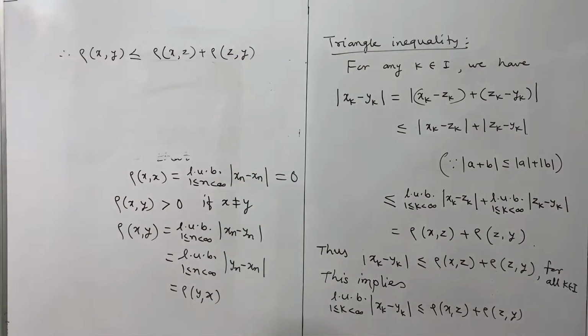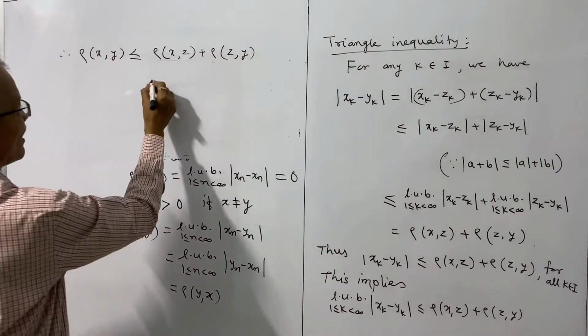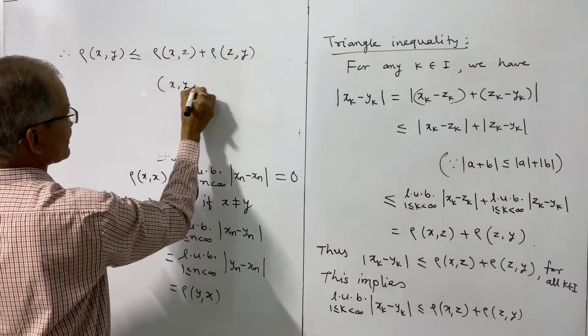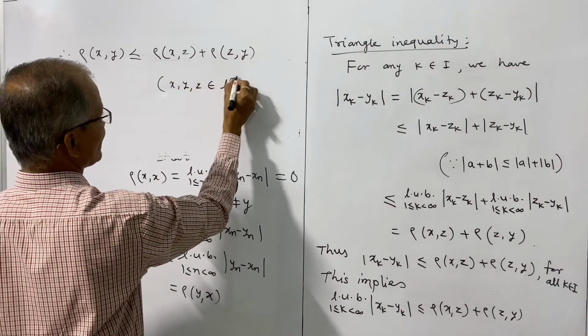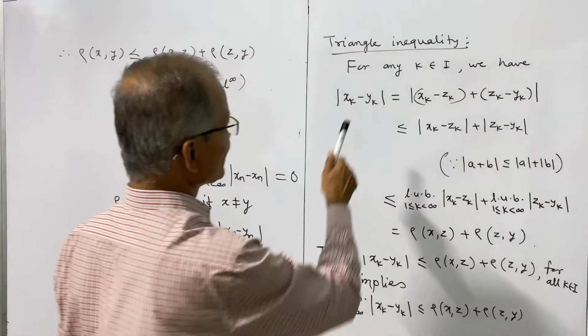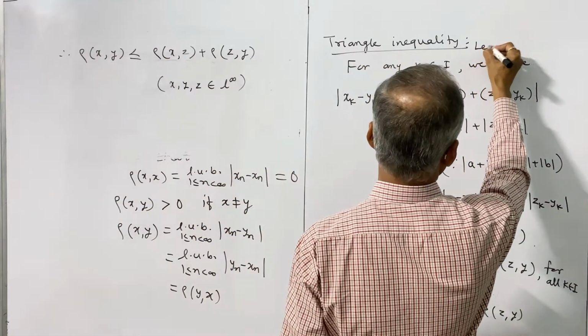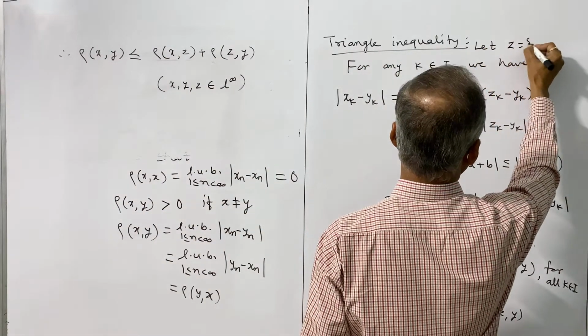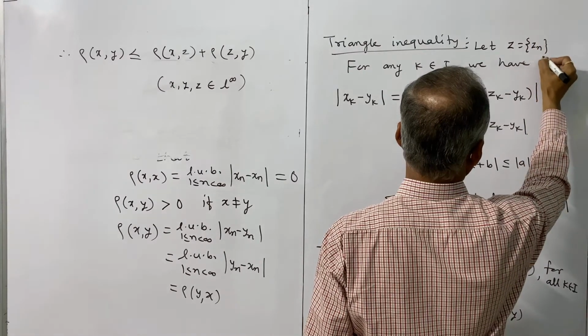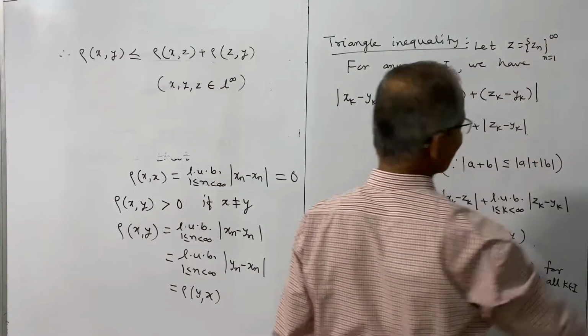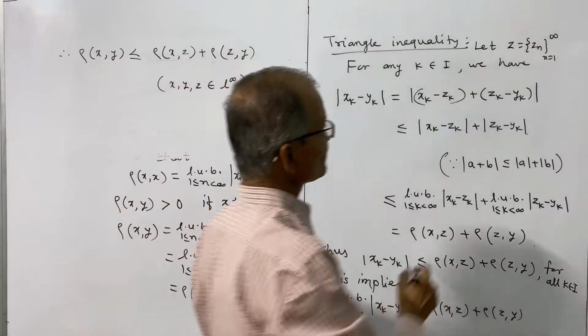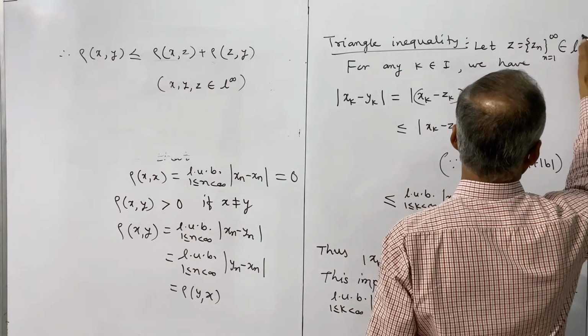Now one thing to be considered: x, y, z belong to L infinity. Let z be equal to zn, the sequence zn, and that sequence belongs to L infinity.